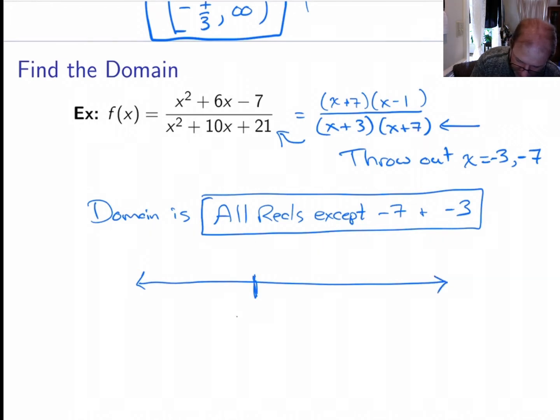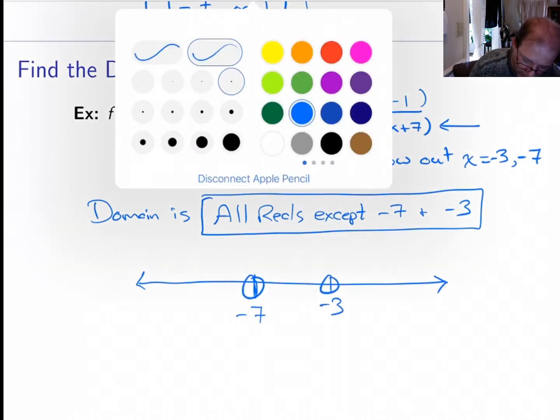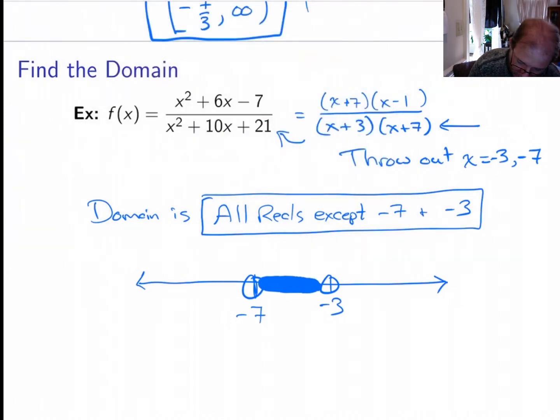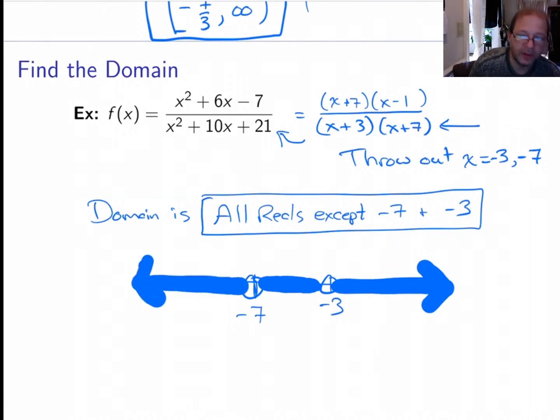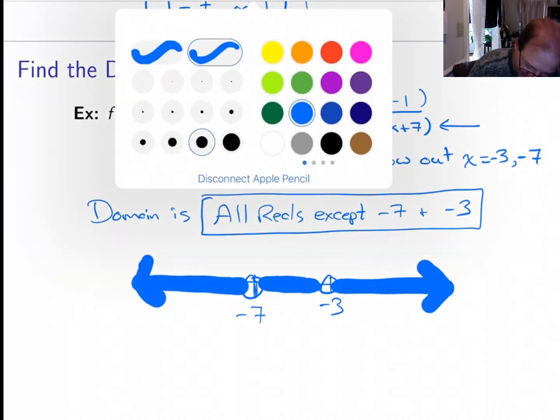We have to throw out negative 7 and negative 3. So that's going to be everything there.